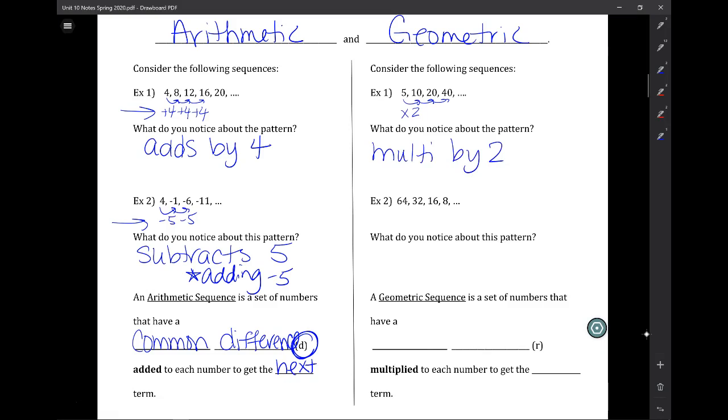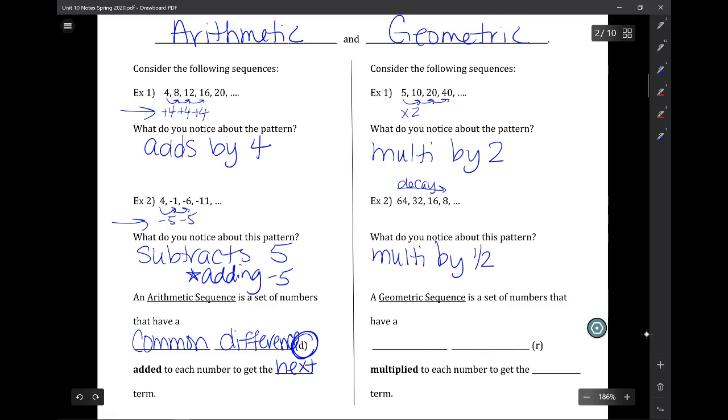64 to 32, 32 to 16, 16 to 8, and so on. I know that 32 is half of 64, and notice that this sequence appears to be a decaying sequence. We learned about exponential growth and decay last unit. So this would be multiplying by 1/2.